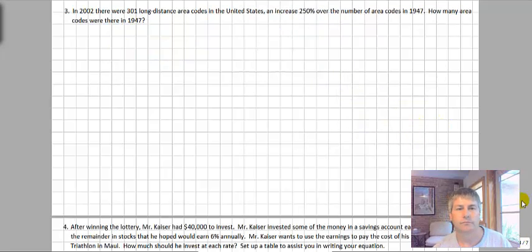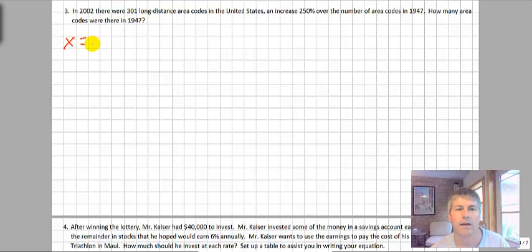All right. Moving on. In 2002, there were 301 long-distance area codes in the United States, an increase of 250% over the number of area codes in 1947. How many area codes were there in 1947? So our question is, how many area codes were there in 1947?